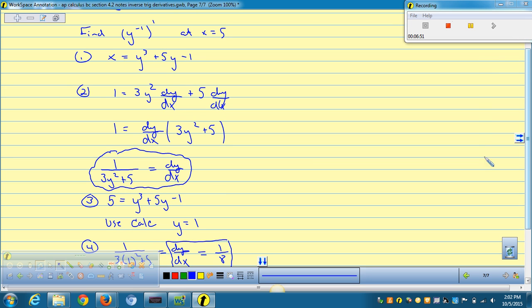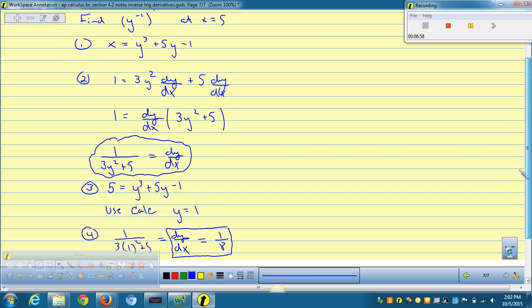We go back up to number 1, and we plug in our x value here, and we solve for y. Again, we'll need our calculator to help us there. When I say that, I just put 5 in y1, and I put y cubed plus 5y minus 1 in y2, and I find their intersection.